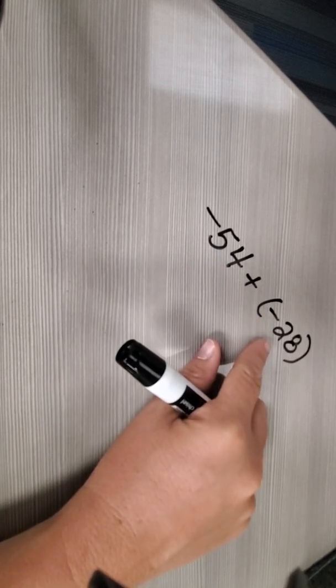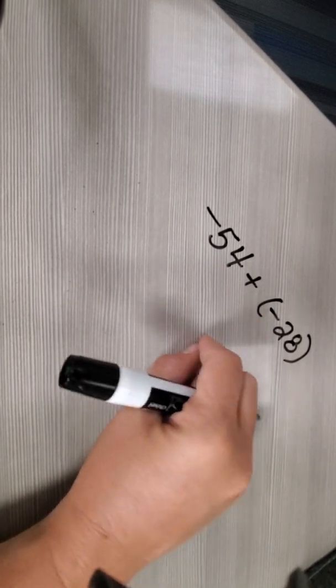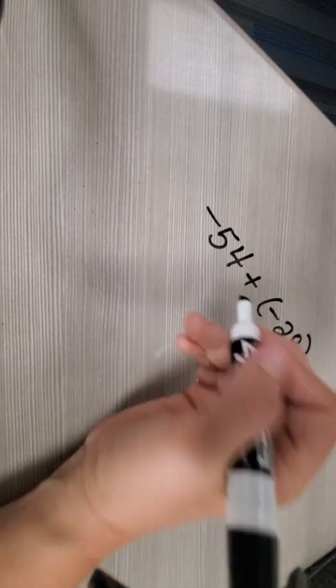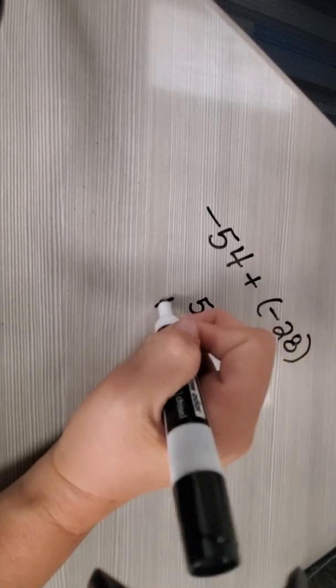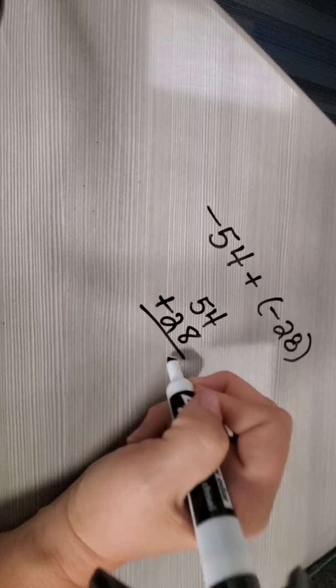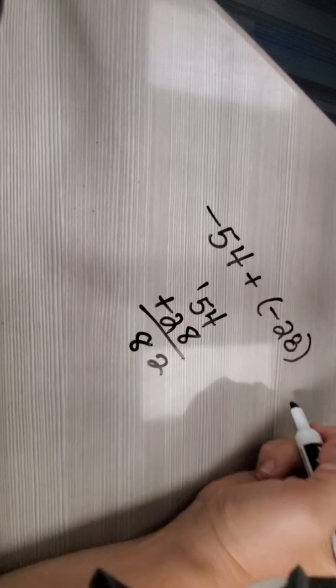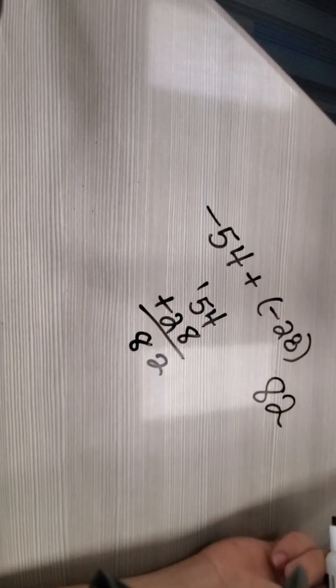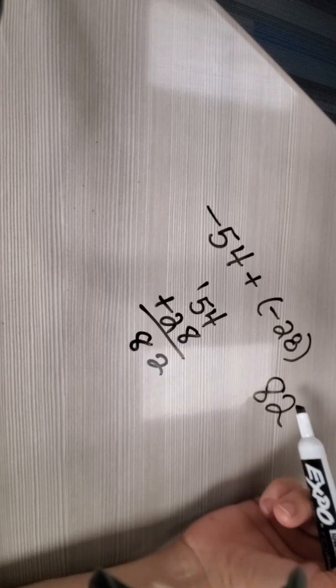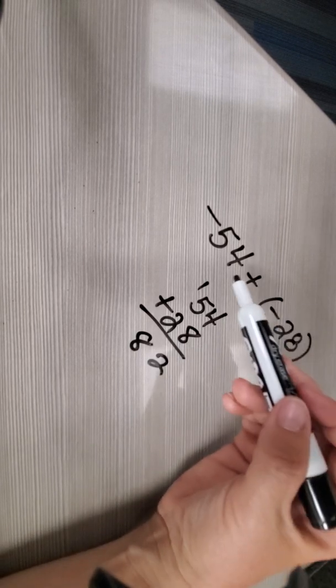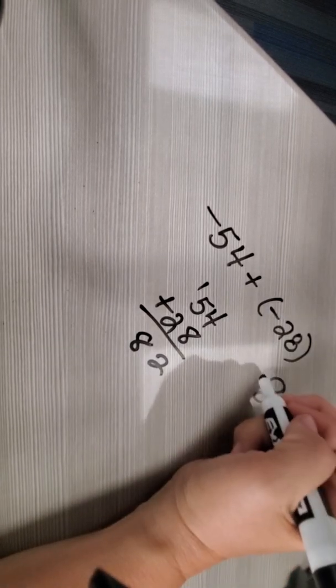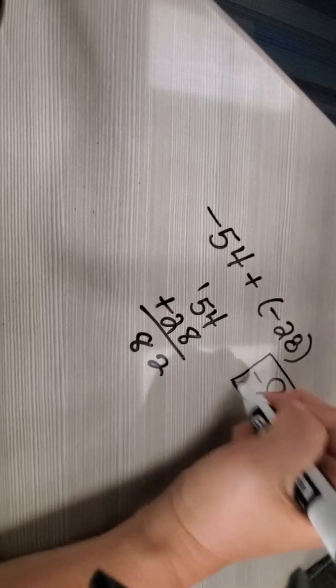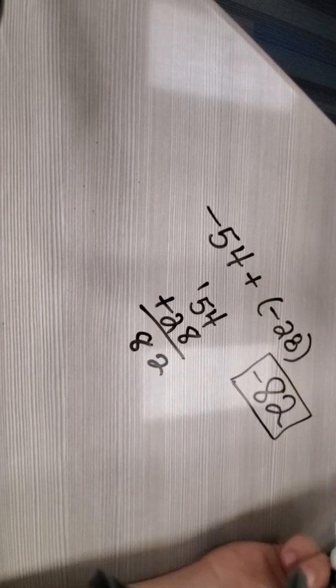They're both negative. So I'm going to remember my rule: same sign, add. I add my absolute values. 54 plus 28 gives me 82. Same sign, add, and keep the same sign. Because they're both negative, my answer is going to be negative 82.